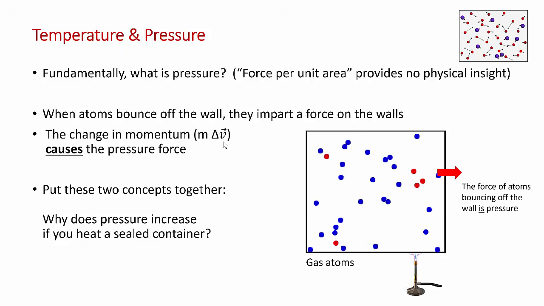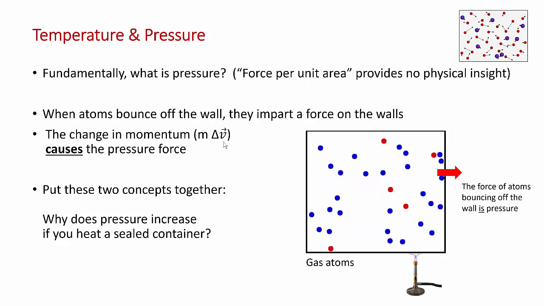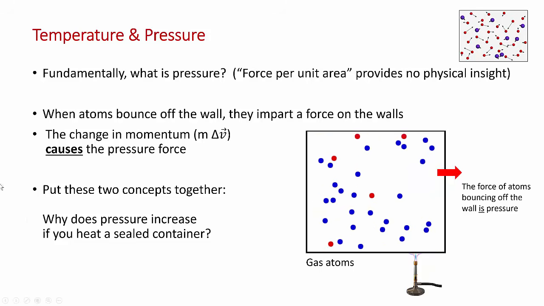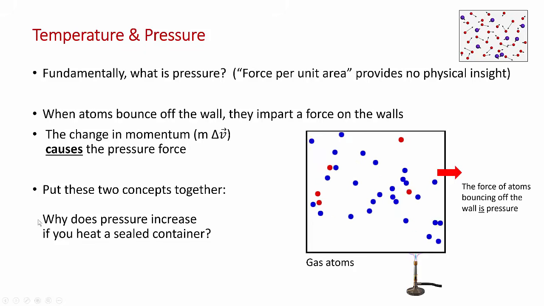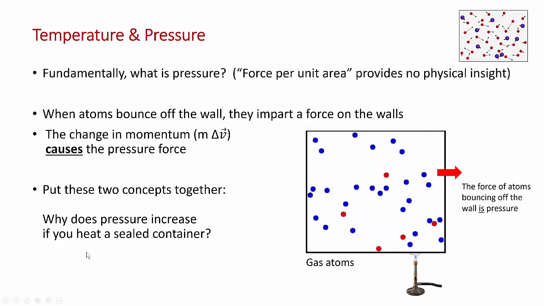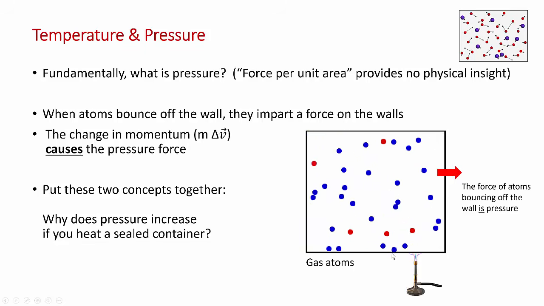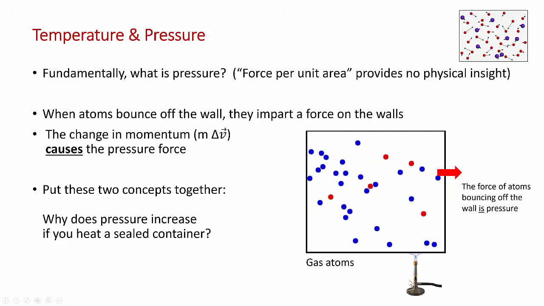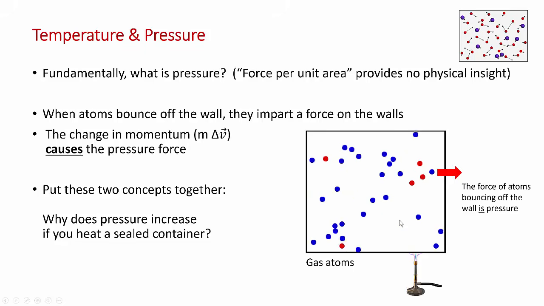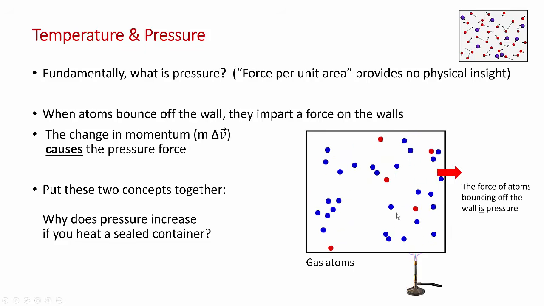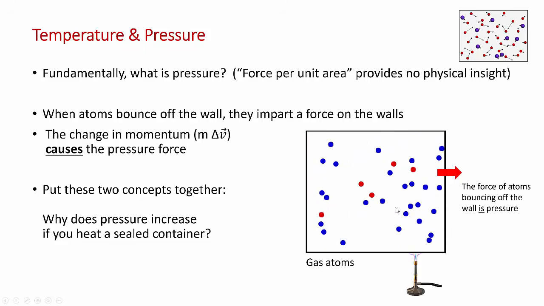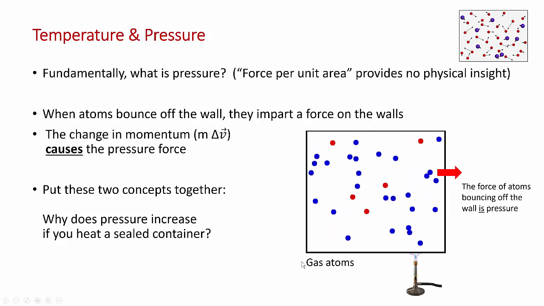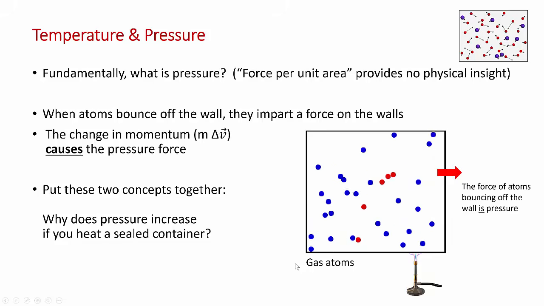Okay, so we can put some concepts together here. We just learned about thermal energy. So now you can explain fundamentally, why does pressure increase if we heat the container? Let's suppose we put a Bunsen burner here and we heat this container. Then what's going to happen is, I can't show this in my animation, but these molecules are going to start vibrating and translating more aggressively with higher velocities.